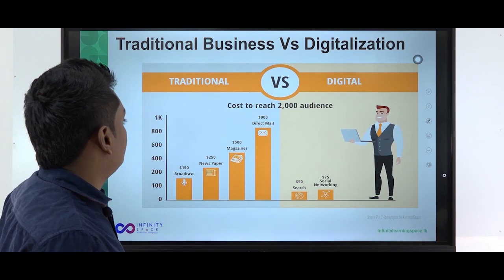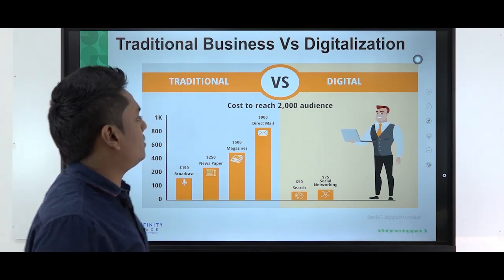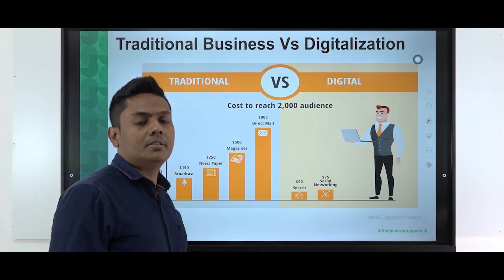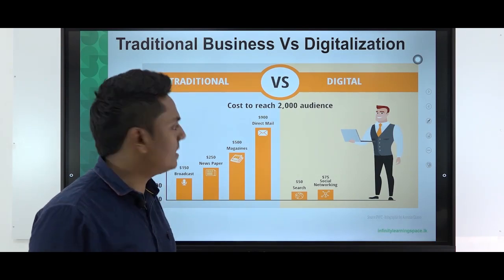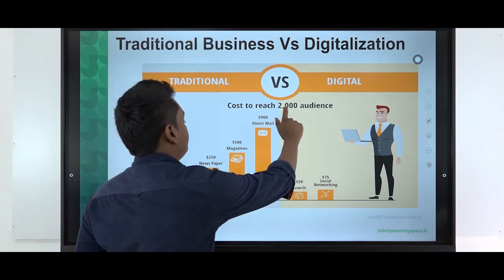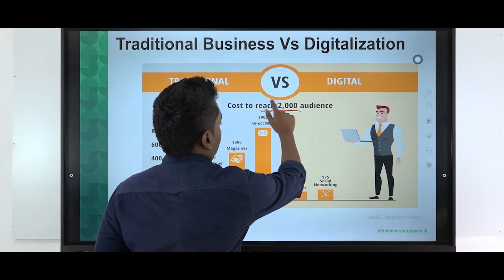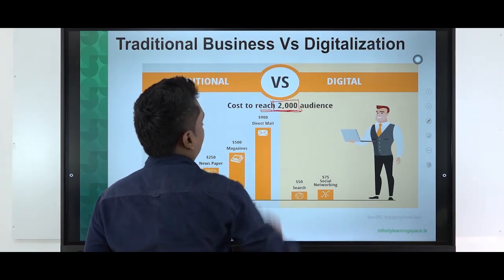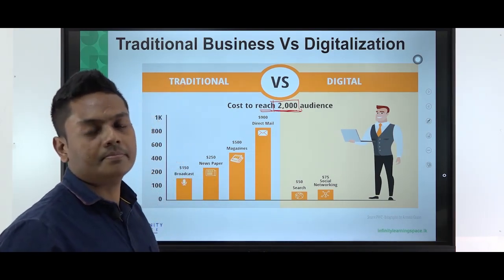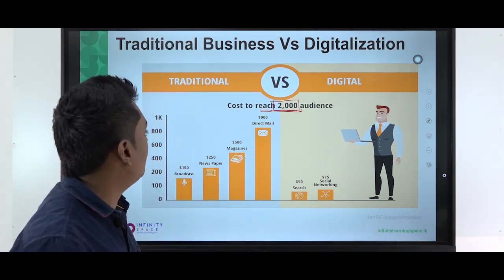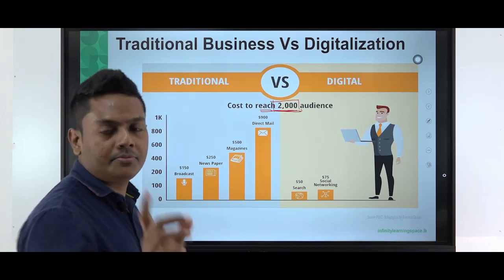If you need your advertisement to reach 2000 people, what did you have to do before and now?